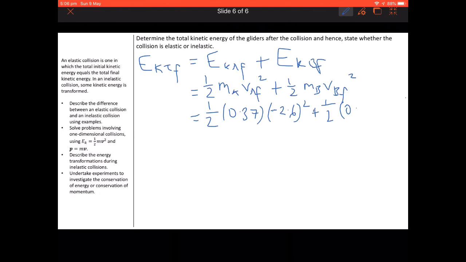half mass of B, which is 0.35, and then the final velocity of B, which was 4.29 to the right, so it's positive, and then that's squared. So if you pop all of this into your calculator, you'll end up with 4.5 joules.